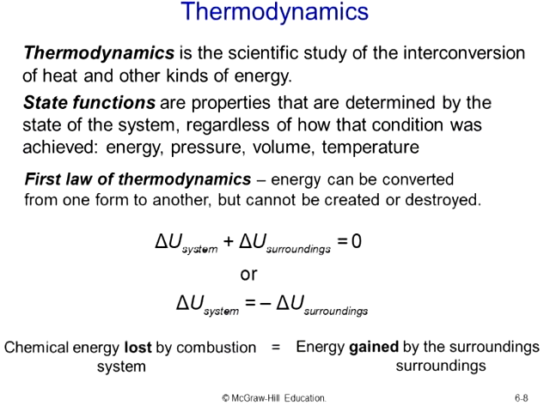One of the ways scientists approach this is through the study of what's called thermodynamics. What is thermodynamics? Thermodynamics is the scientific study of the interconversion of heat and other kinds of energy.